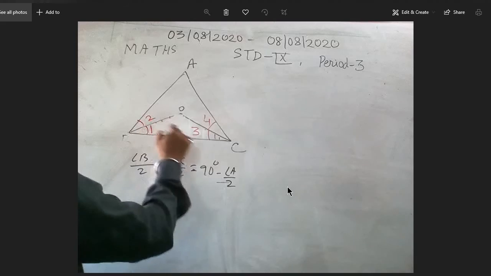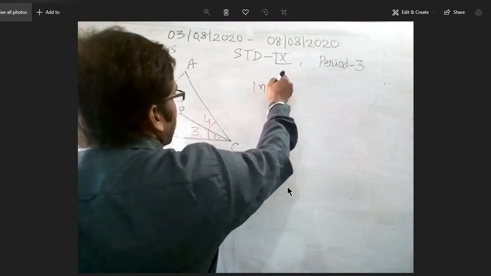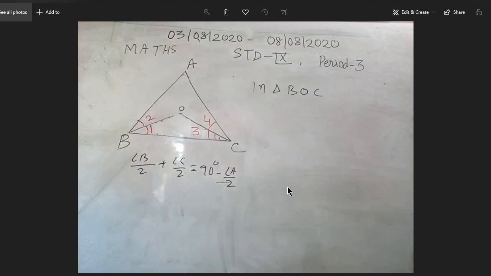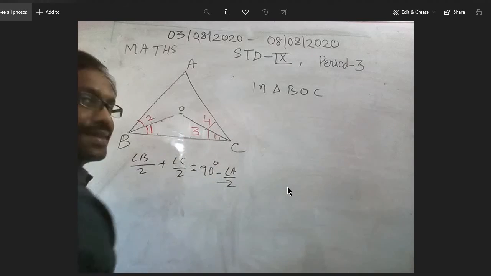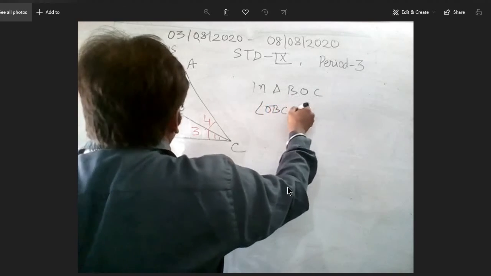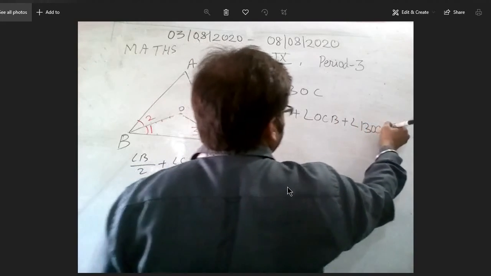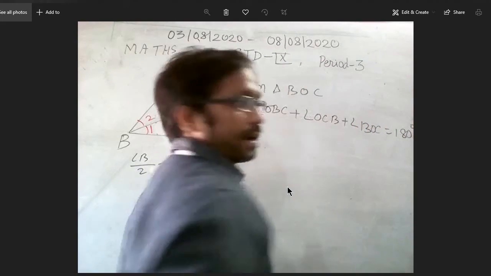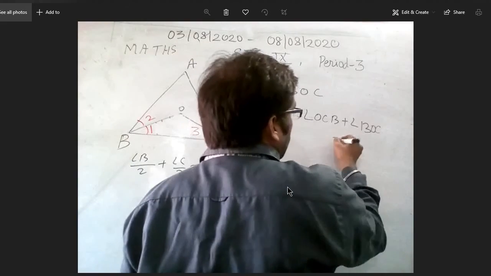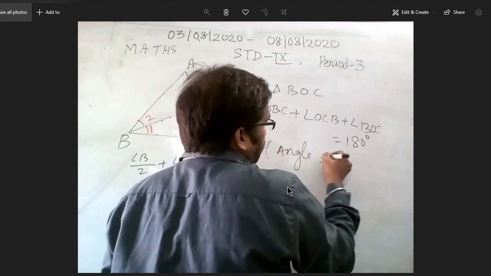So in this triangle BOC, angle 1 plus angle 3 plus angle BOC is equal to 180 degrees, by the angle sum property of the triangle. Here angle OBC means angle 1.